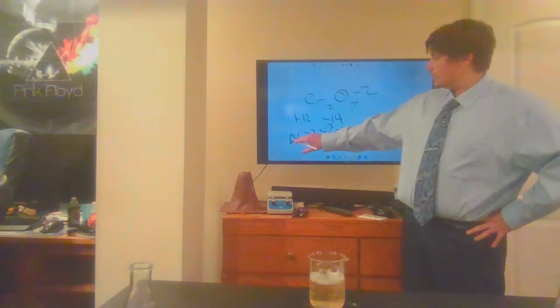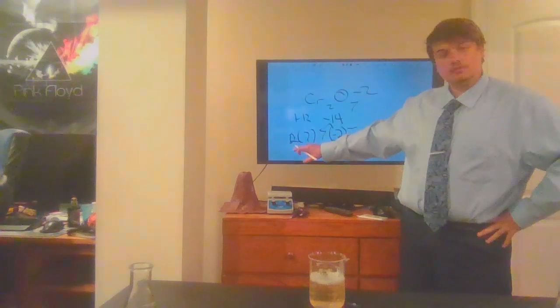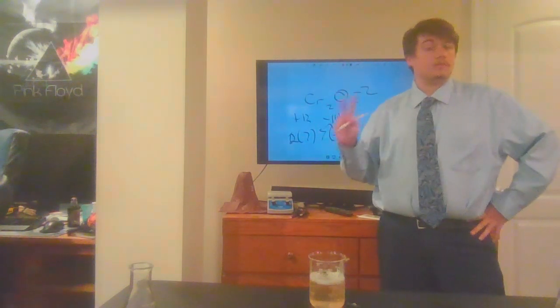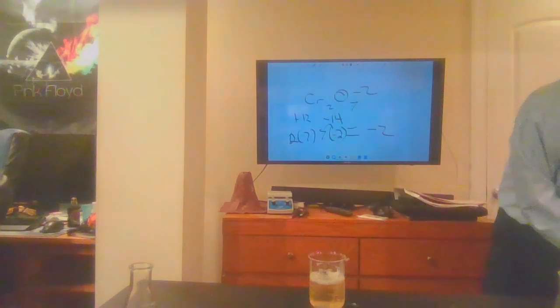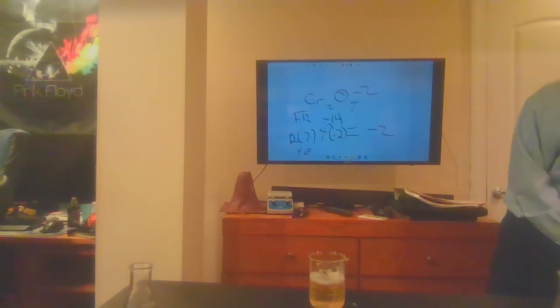So what do you think we should do in order to determine the charge of chromium? Remember, there's two atoms of chromium. Exactly. We divide. 12 divided by 2 gives us 6. Positive 6.